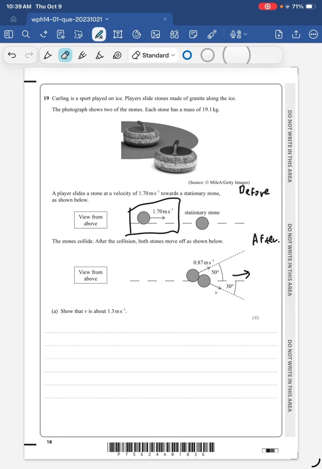But the trick here is to recognize that in the y direction, before the collision, there was no motion.